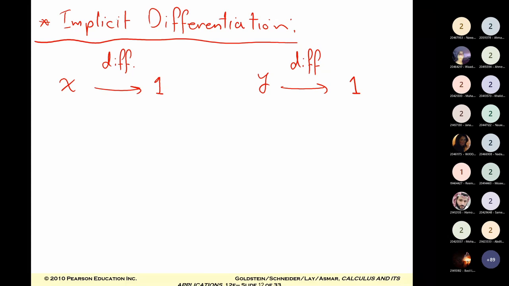But if we have y, for example, 2x squared, when we take the derivative of y, we put y prime. This is equal to 4x, for example, yeah? Okay.